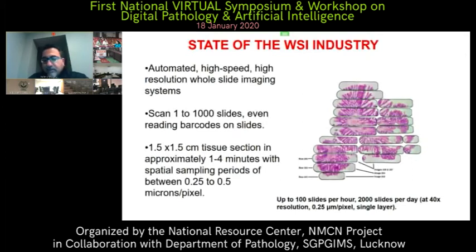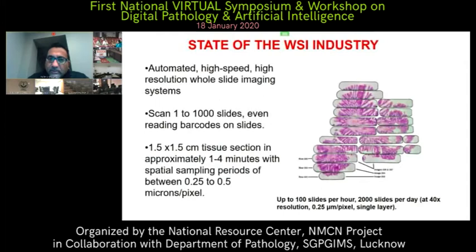Today I can load up to 100 slides per hour and scan them using one of these high throughput robots. As a genitourinary pathologist, I look at prostate biopsies, I'm looking at nucleoli. With this technology, we can get a resolution which can separate two nucleoli within the nucleus.